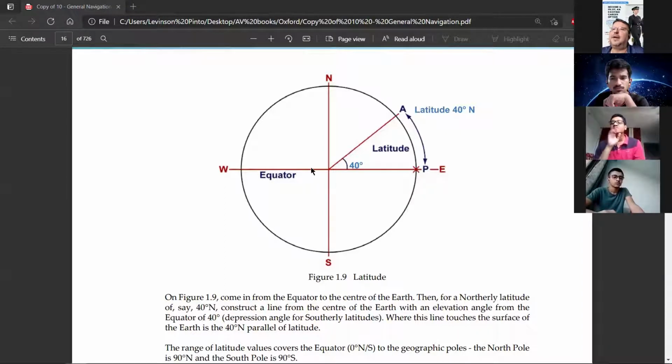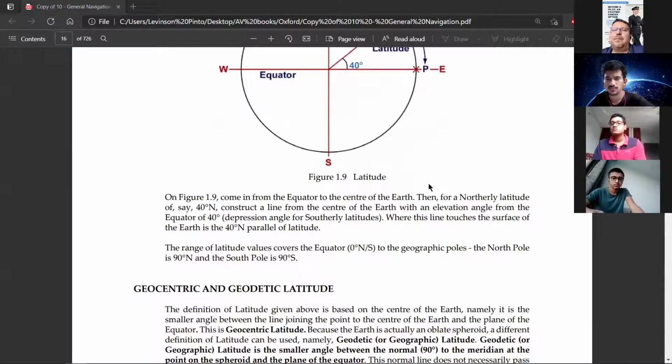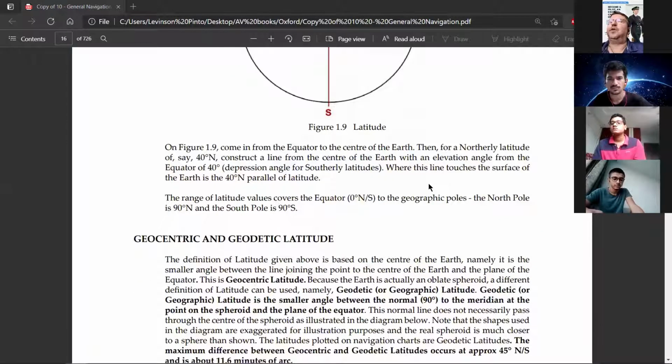So remember this concept, and for you, all these subjects will be easy. So I want to continue just to tell you something else. Okay, in figure 1.8 that we have now in the displays, coming from the equator to the center of the Earth, for a northerly latitude of, say, 40 degrees north, construct a line from the center of the Earth with an elevation angle from the equator of 40 degrees.